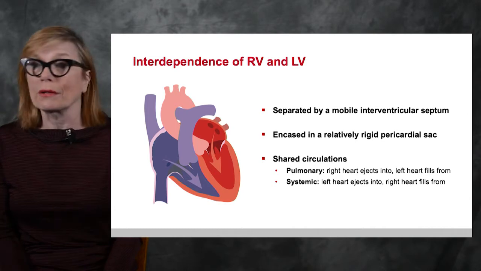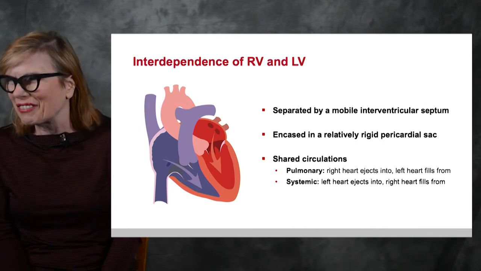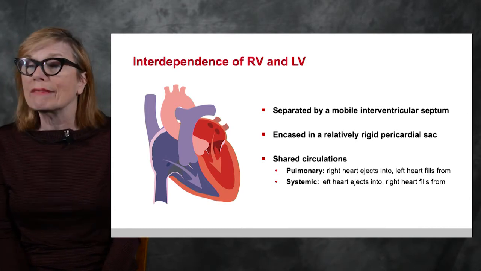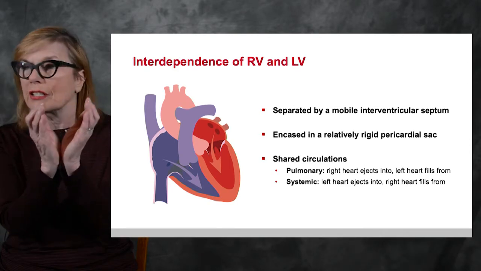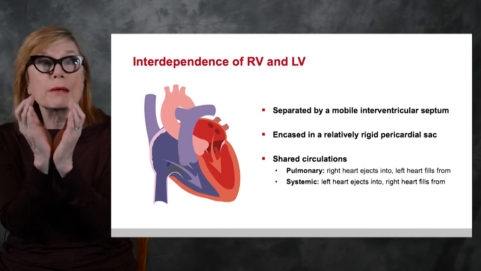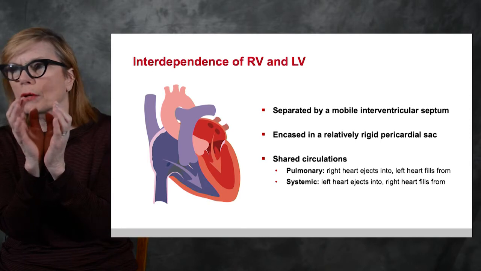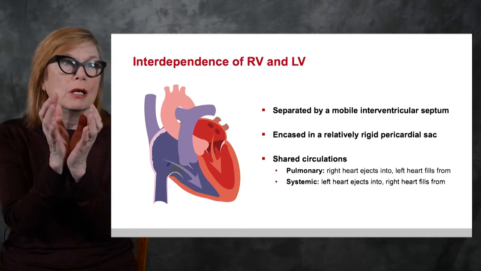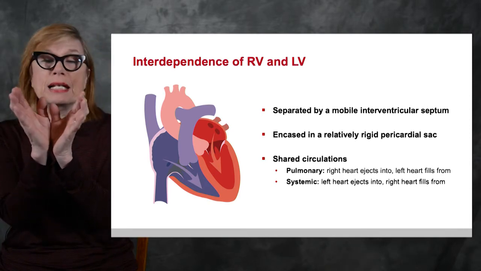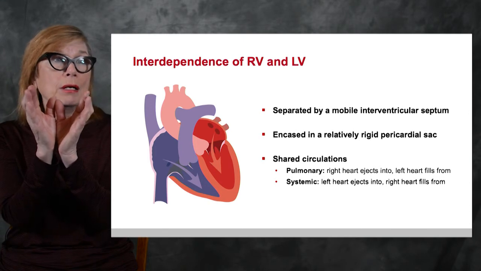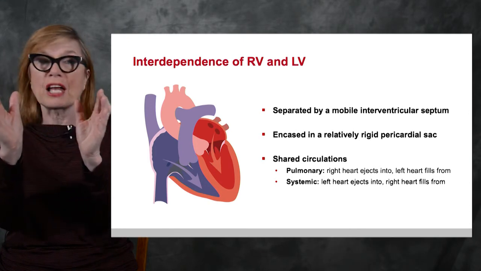What's also important that is interdependent between the right ventricle and the left ventricle is that the ventricle itself is encased in a rigid pericardial sac. Now, when I say rigid, I mean relatively rigid, right? If I'm adding fluid into the pericardial sac over time, what will happen is the sac will distend outwards.